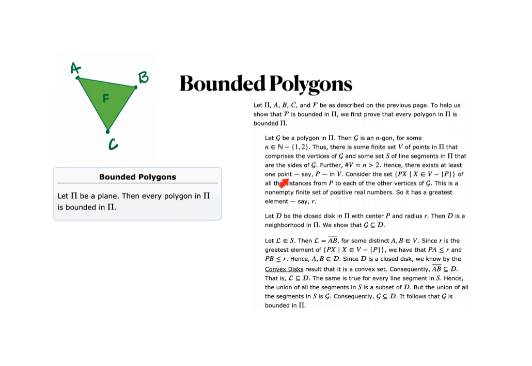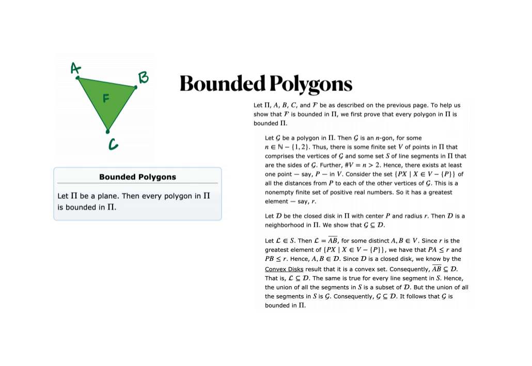Hence, there exists at least one point, say P in V. Consider the set Px, the distance from P to x, where x is a vertex that's not P itself, of all the distances from P to each of the other vertices of G. This is a non-empty finite set of positive real numbers, so it has a greatest element, say R.